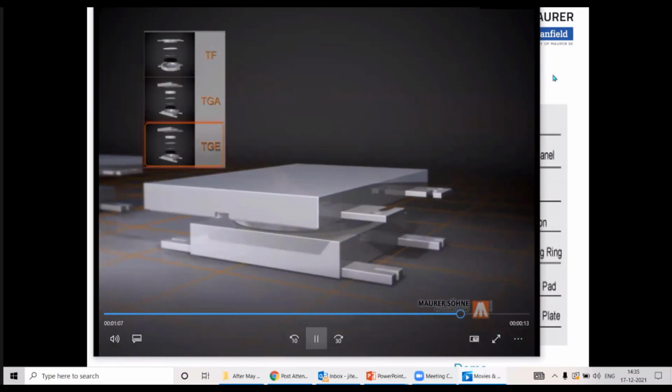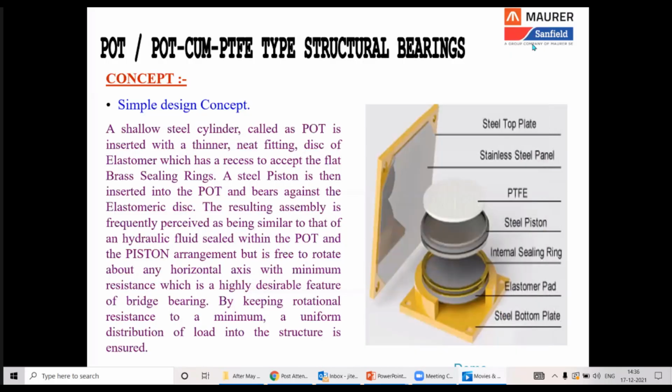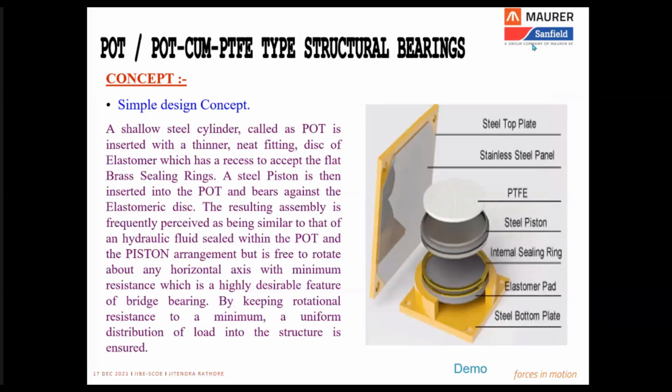So the configuration, or you can say the combination of these three types, whether it is elastomeric bearing, pot, or any other bearing, a combination of fixed bearing, which is taking only the load and forces and rotation, free bearing, which is providing bidirectional movement, and guided bearing, which is providing unidirectional movement. The combination of these three bearings is provided in any bridge and they satisfy the structural requirements together.